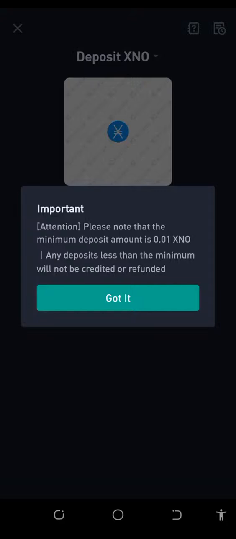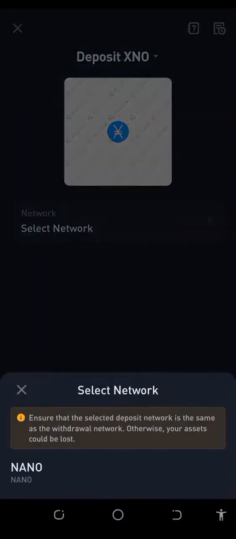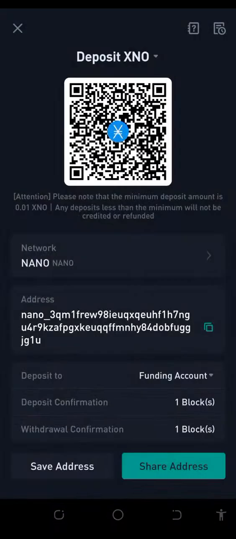It says here, attention, please note that the minimum deposit is 0.01. It has the Nano network. Okay, fine. Let's hope that in Binance we can also get the Nano network. Let's quickly rush over there.